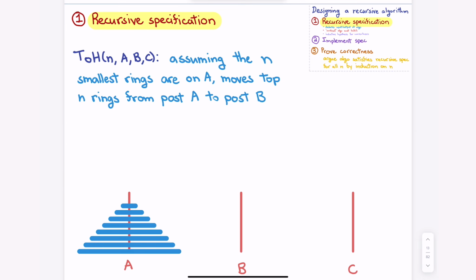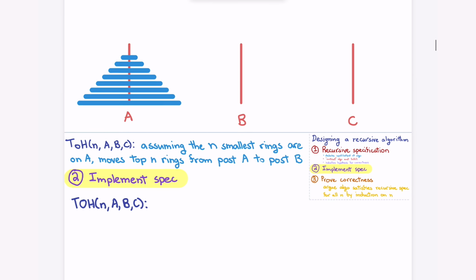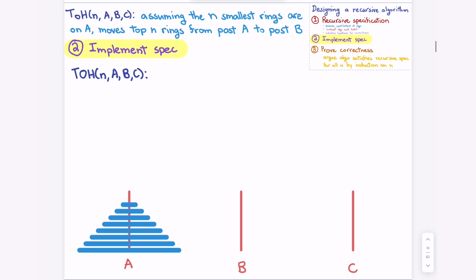All right, so we have a recursive specification like this. And now we just need to implement it.